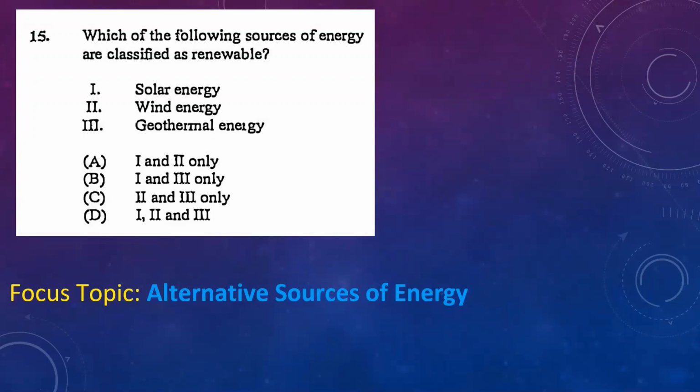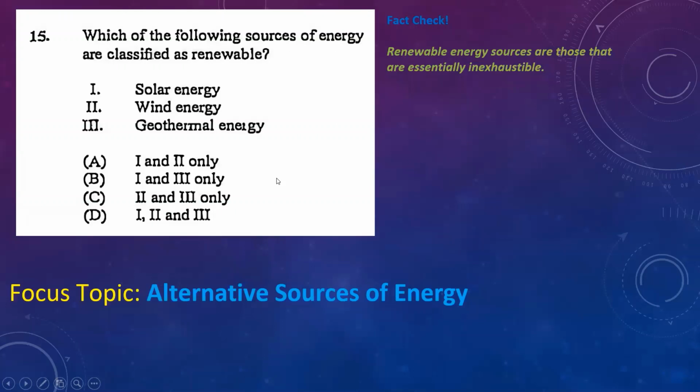Number 15, which of the following sources of energy are classified as renewable? Renewable energy sources are those that are basically inexhaustible or cannot be finished. And so all of these apply.